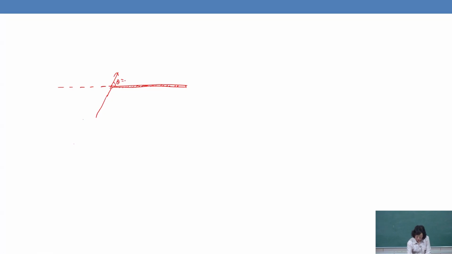Theta is 60 degrees, and we know the incident wave here is 2.2 meters. We want to know the wave height at this location over here, at beta, which is 30 degrees, and the distance is 96.6 meters. We want to know HD over here.